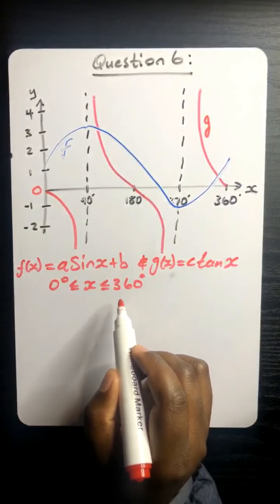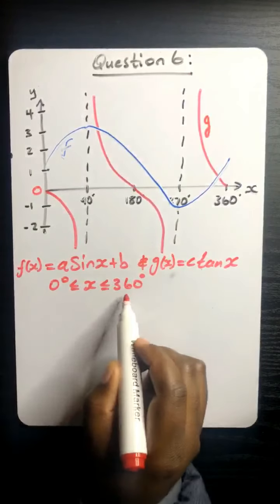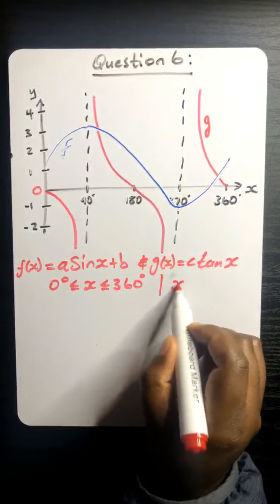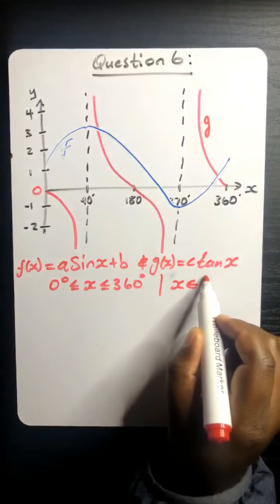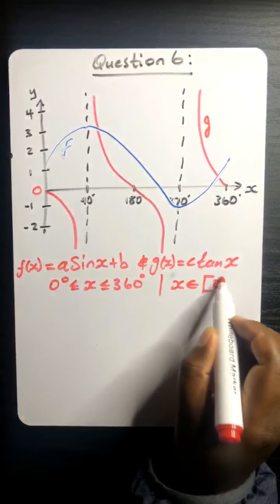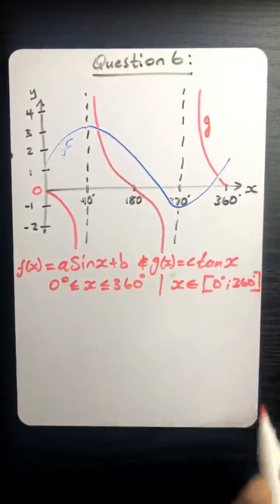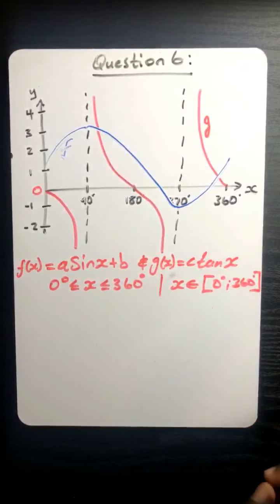The other way in which this can be represented is if they say x is an element of [0°; 360°]. Very, very much important, ladies and gentlemen.